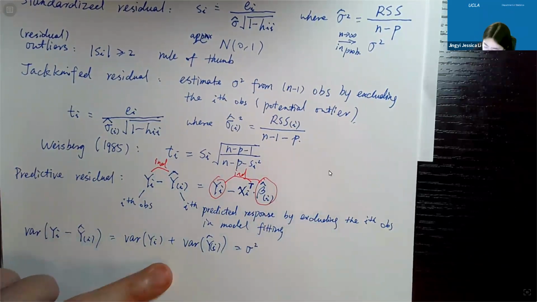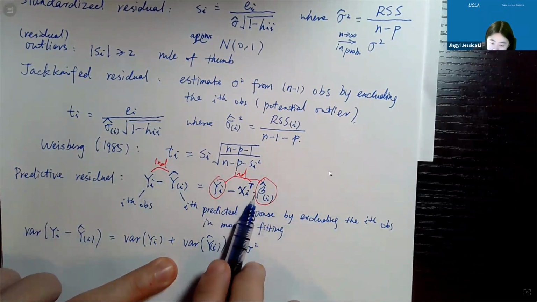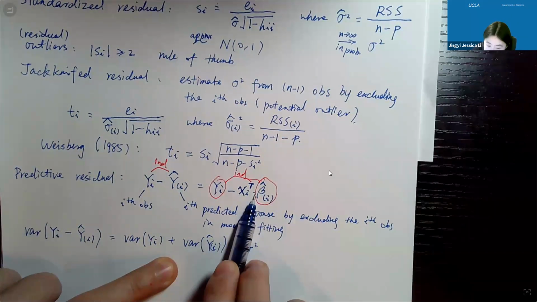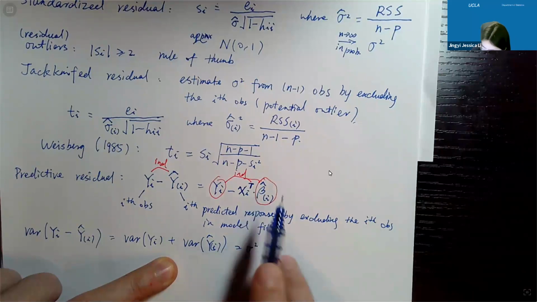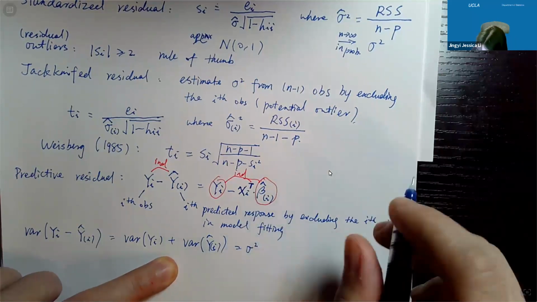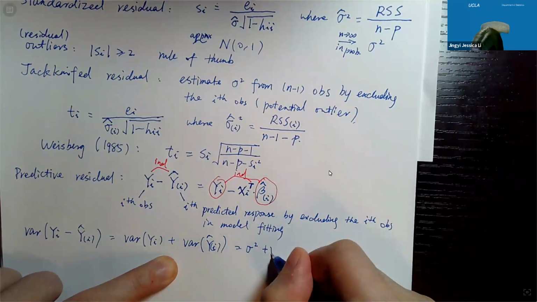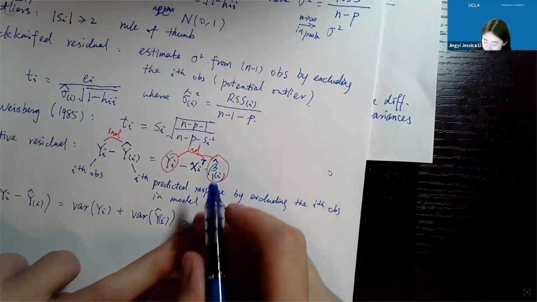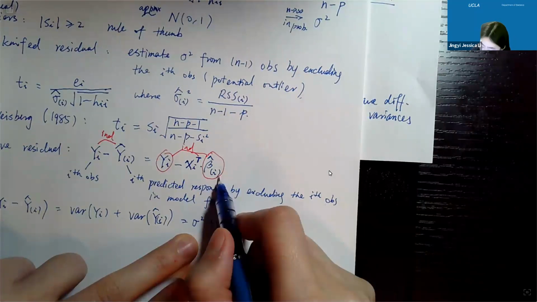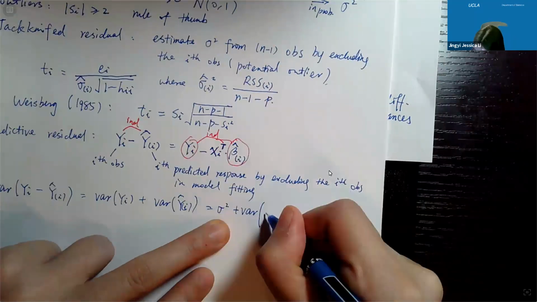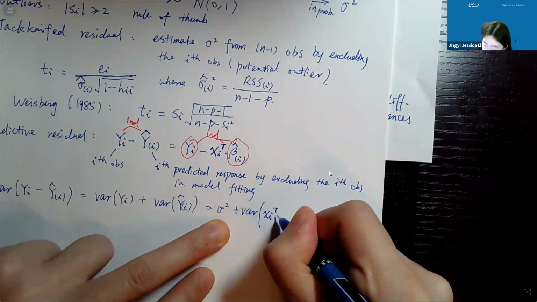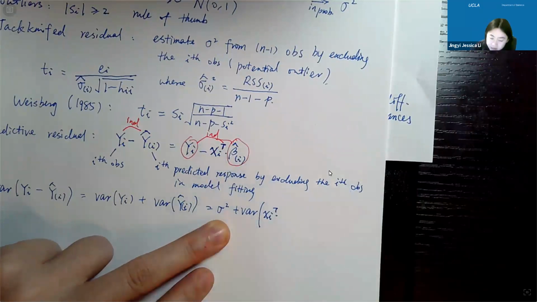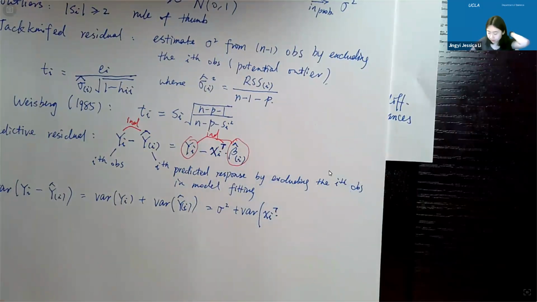And for the second term, we need to use the least squares formula for this beta hat (i). So let's keep the ith row here. In that ordinary least squares formula, the design matrix needs to have the ith row deleted.